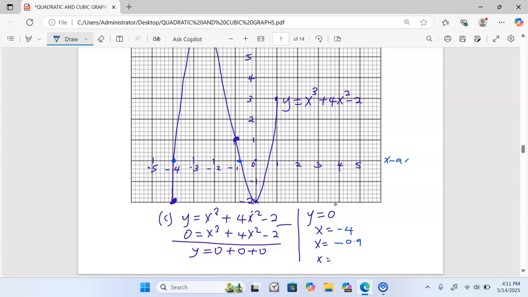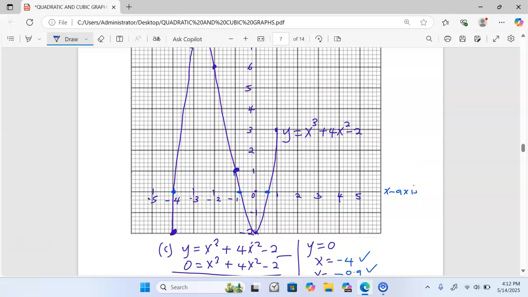Remember, this is the x-axis. And the other value of x will be at this particular point here. And in this case, it is going to be around 0.6, positive 0.6. These are the three values of x at the point where the curve intersects with the x-axis.